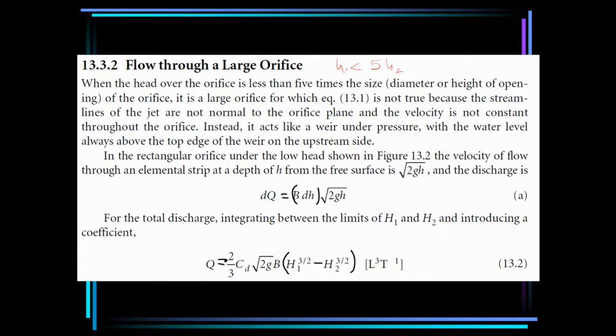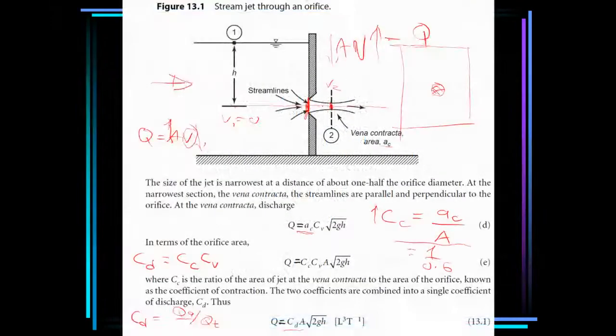If you remember, we said the streamlines of the vena contracta are parallel to the cross section. So the streamlines are parallel and perpendicular to the orifice. That is when you have H very high compared to the opening.